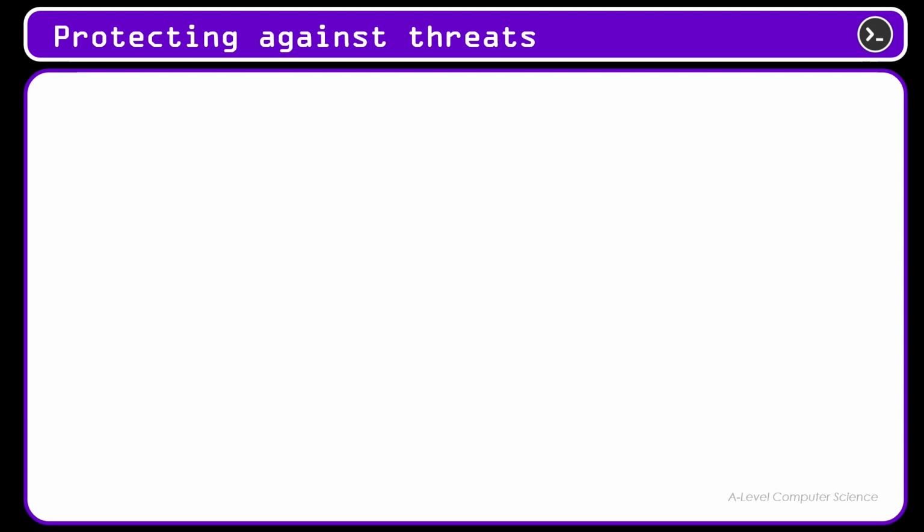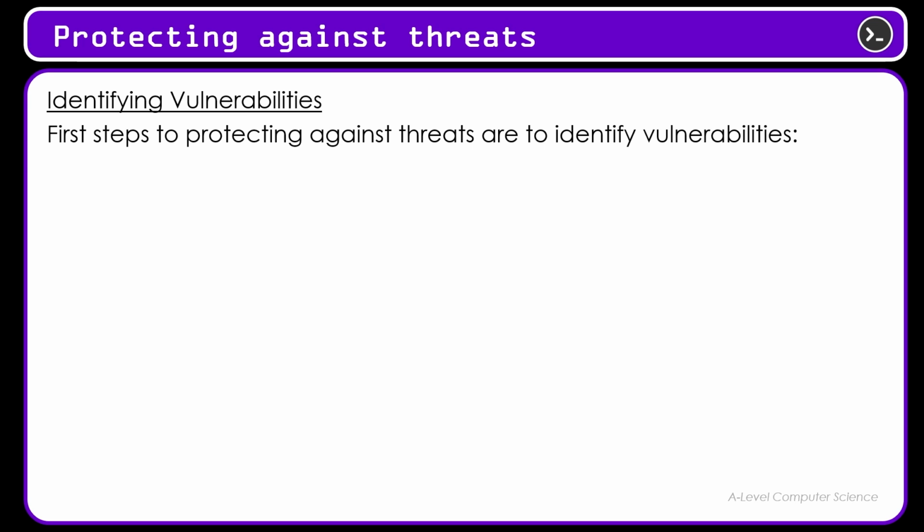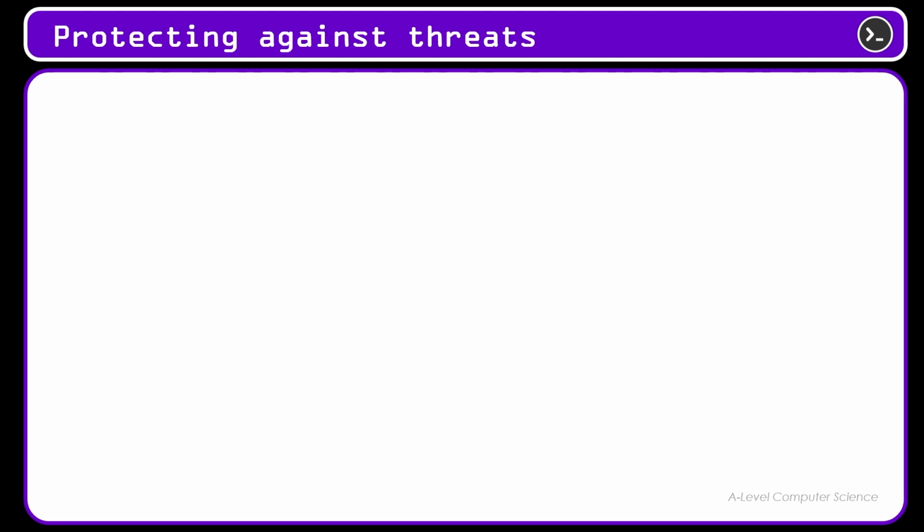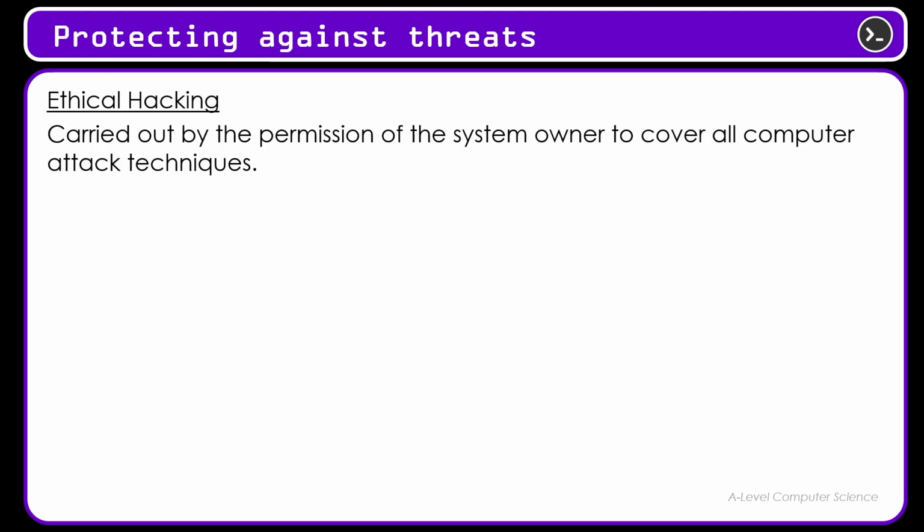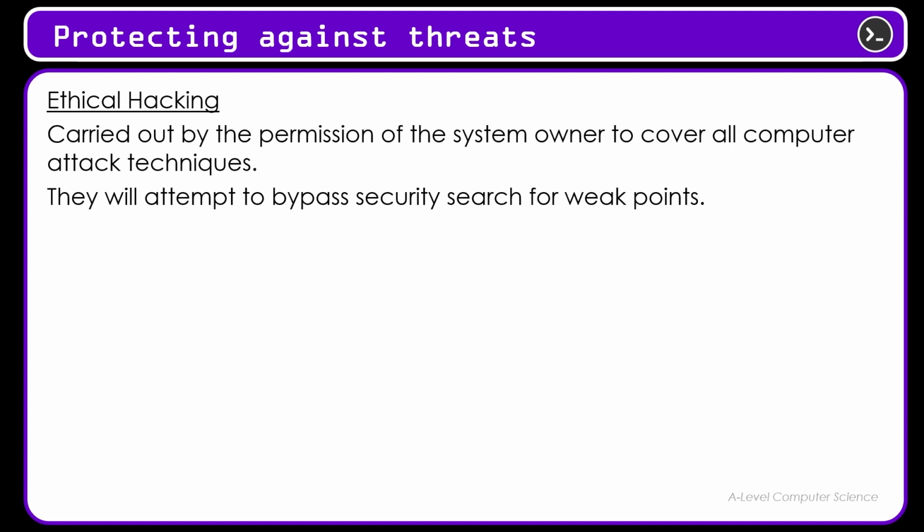Protecting against threats, we need to be able to identify vulnerabilities in computer systems, and the first steps to doing that is by going through some processes called ethical hacking, penetration testing, and footprinting. Ethical hacking is carried out with the permission of the system owner to cover all attack techniques, and they will attempt to bypass security for weak points and report back to the system owner, and then they go and make their improvements.